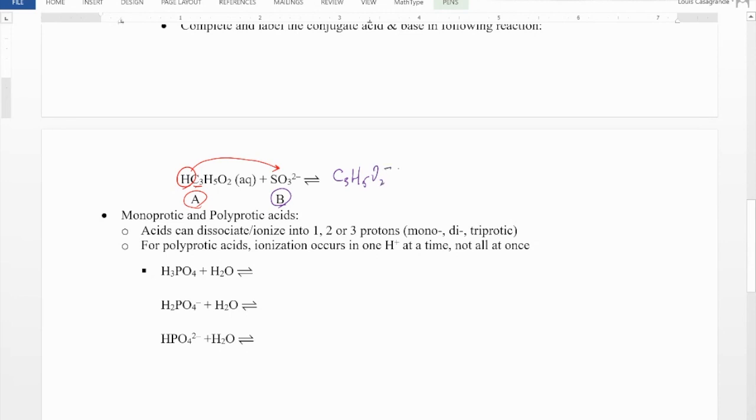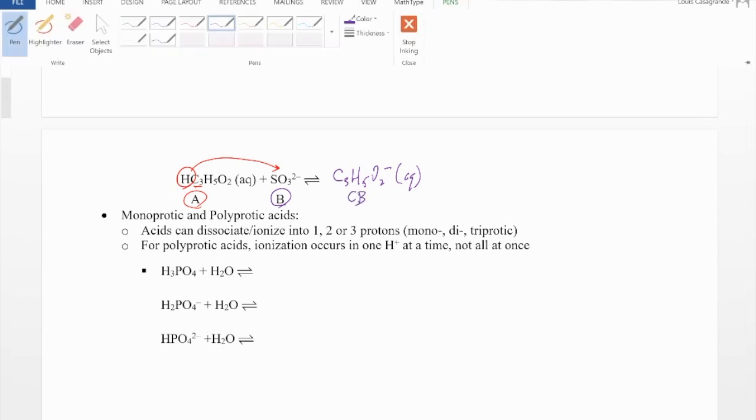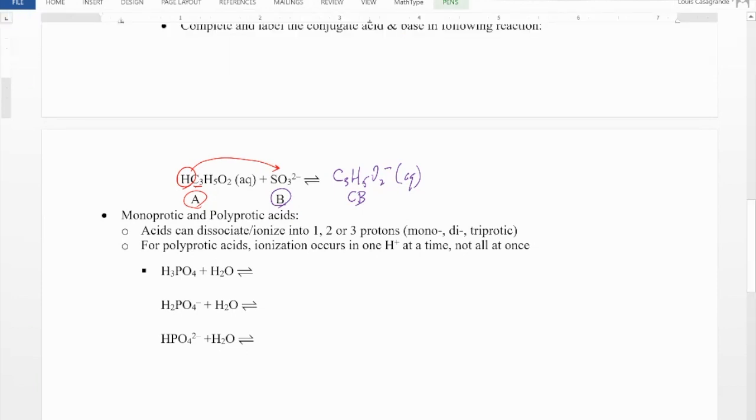That's the propionate anion. Again, don't worry about the names. And that's our conjugate base because the acid has lost its proton. And the conjugate acid then is going to be the hydrogen sulfite ion, where the base has gained a proton.